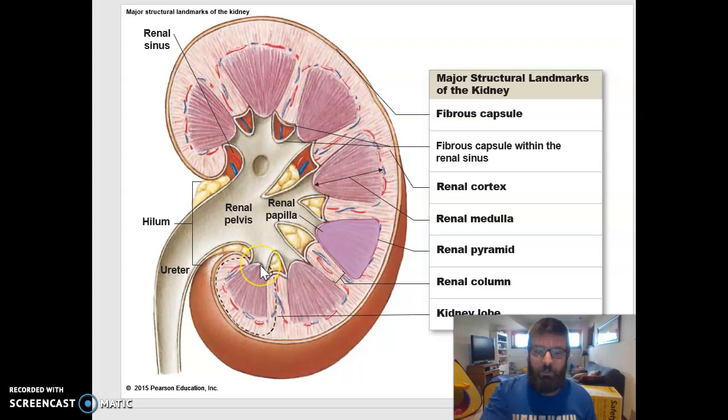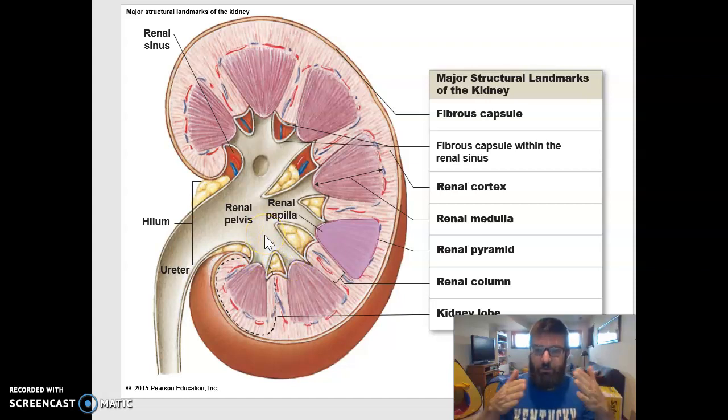Papillae drip urine, fresh new drips of urine, into what's called a calyx, which is like a little tunnel passageway. And these little guys are called minor calyces, and a couple of minor calyces may come together and make a major calyx, right? Two minor calyces, a major calyx.